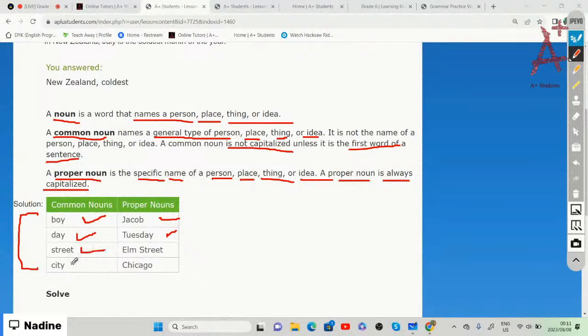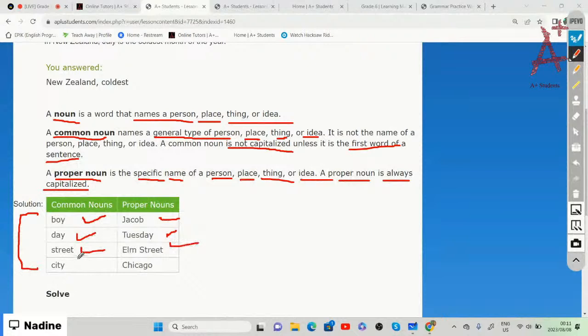However, if we specifically want to make mention of a specific street, then we can maybe say Elam Street. So you need to go down Elam Street, not just go down that street, or I go down this street. No, I specifically went down Elam Street. And as you can see, Elam Street is also capitalized.